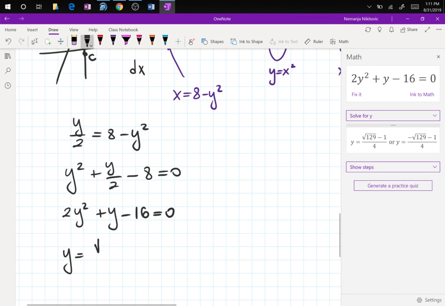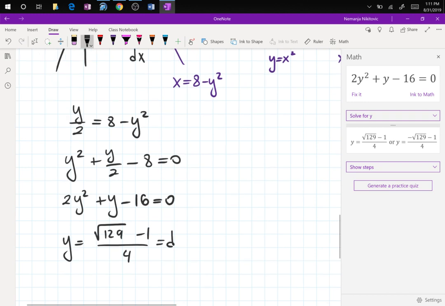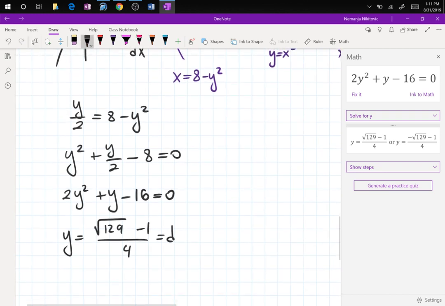Y equals the square root of 129 minus 1, over 4. And that is actually going to be your D, because that's the larger number. The other number is y equals negative square root of 129 minus 1, over 4, and that's going to be C, because that's a lower number.